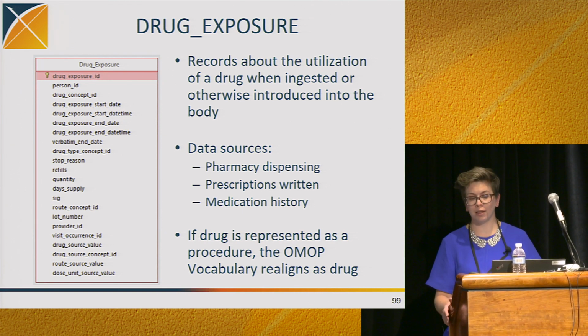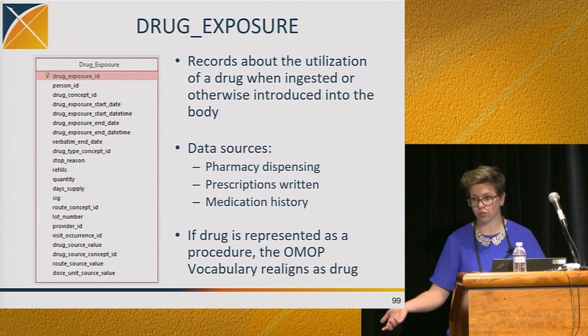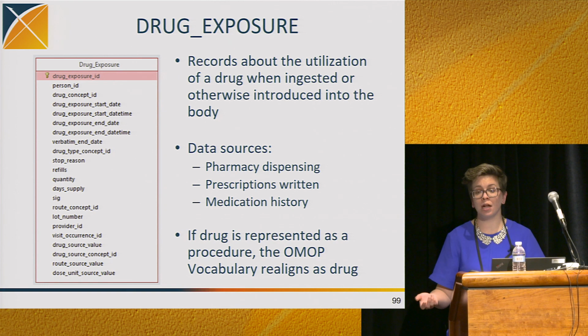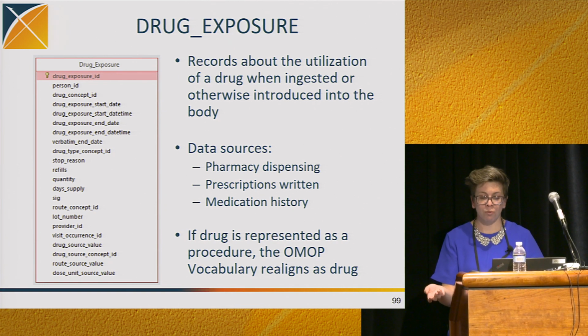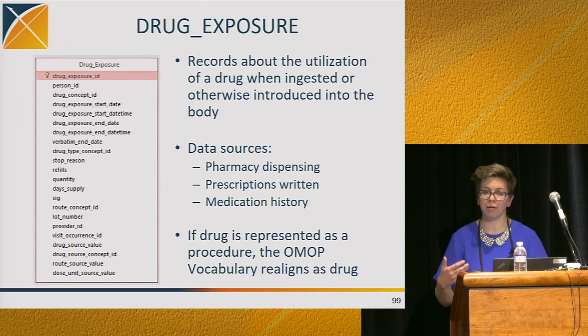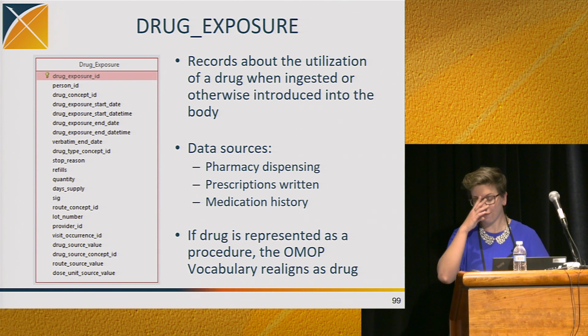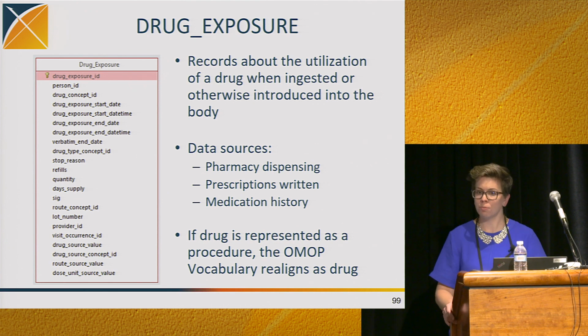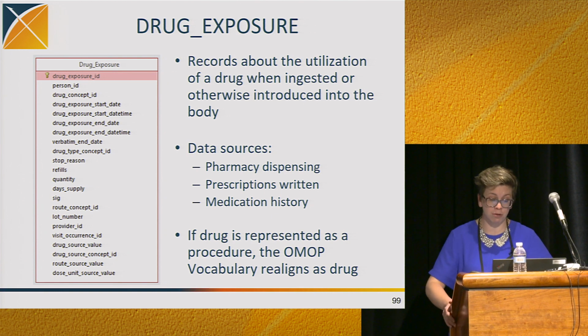For example, if somebody has a prescription and went and filled a prescription, while we may not know if they physically actually took the medication, we feel fairly confident that if you went and picked up the medication, you're probably interested in taking it because you probably had to pay for it. If you're in a hospital and a physician has billed for a procedure, you probably really got that drug, because a physician's not going to bill for giving you a flu shot when he never did, because that would be fraud.